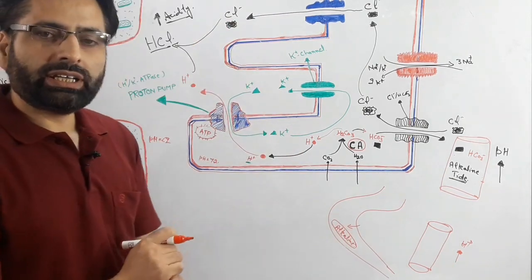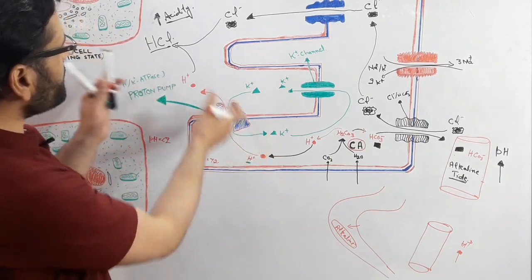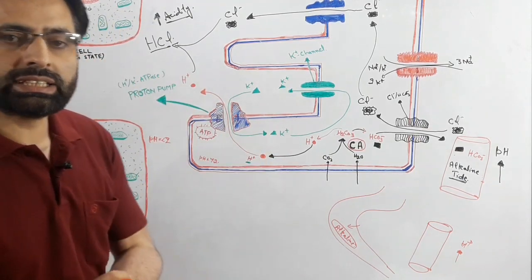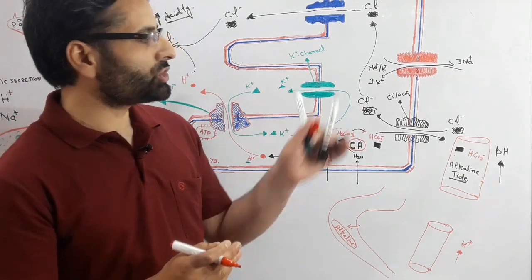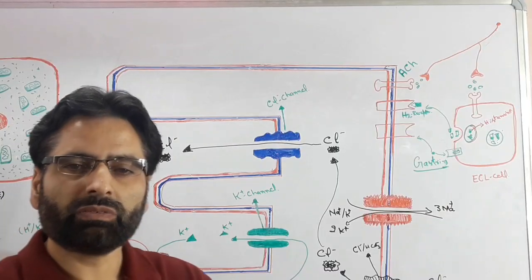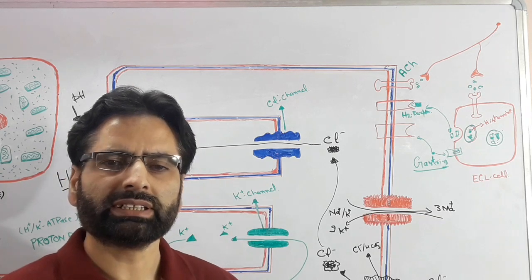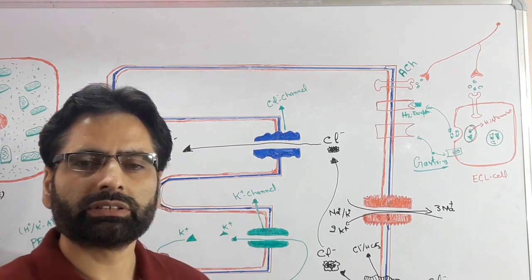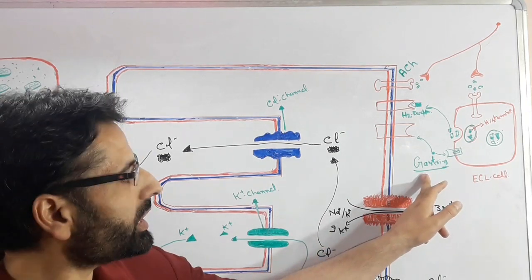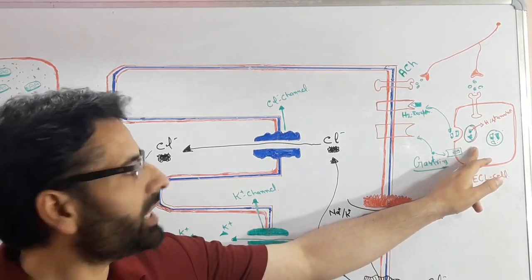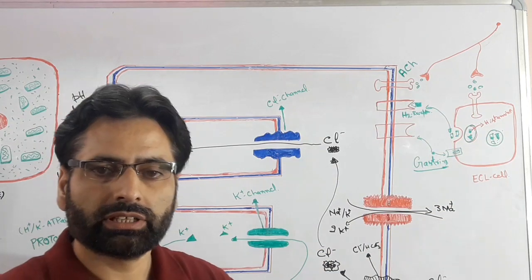Now another point is how this release of HCl by the parietal cell is stimulated. Let us try to understand how the stimulation occurs. Secretion of hydrochloric acid by the parietal cells can be stimulated by three factors: gastrin, histamine, and acetylcholine.